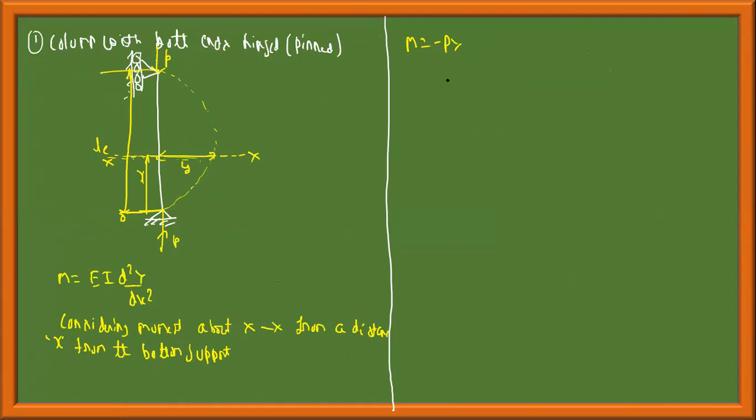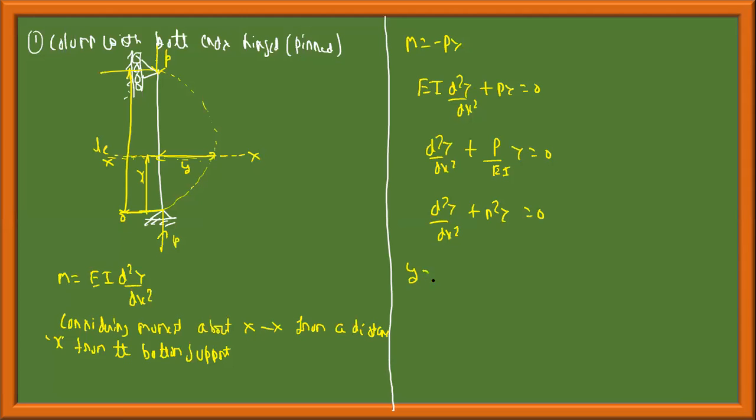Or I can write, from this equation, M is equal to minus Py, so EI into d square y by dx square plus Py is equal to 0. Or d square y by dx square plus P by EI into y is equal to 0, or d square y by dx square plus n square y is equal to 0.